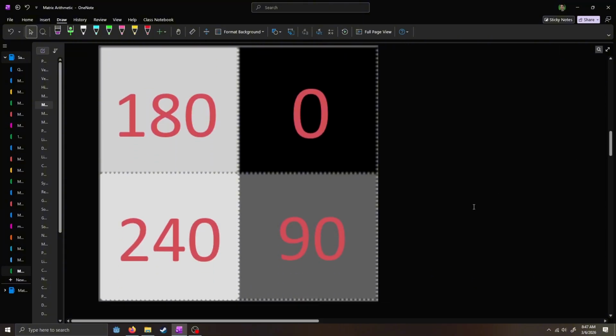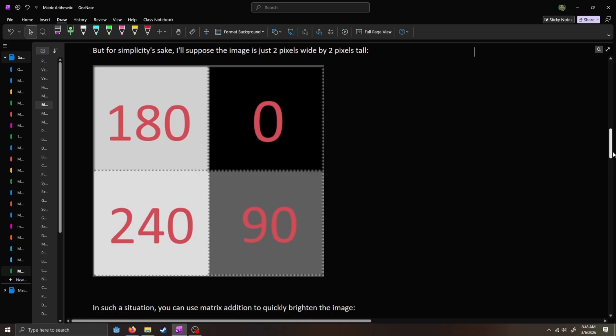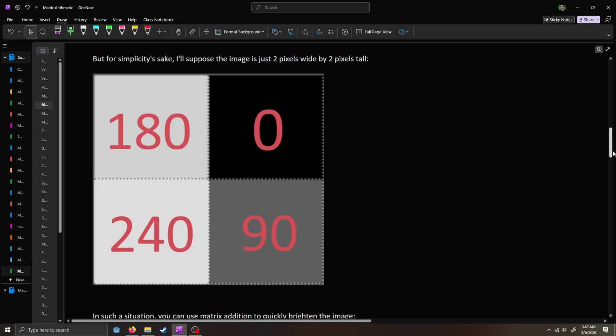Now imagine that I wanted to take a black and white image and I wanted to brighten it, and I wanted to increase the value of all the pixels in the image. In a case like this, all I would have to do is add a certain number to the values of each of the pixels in this image.